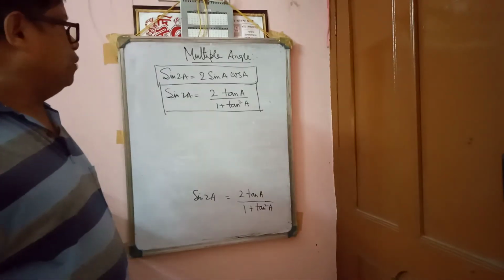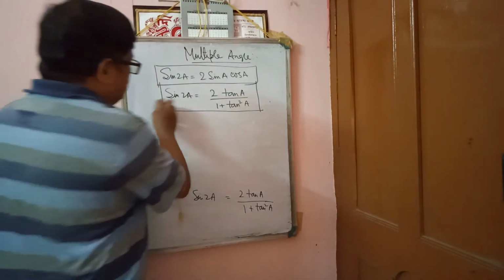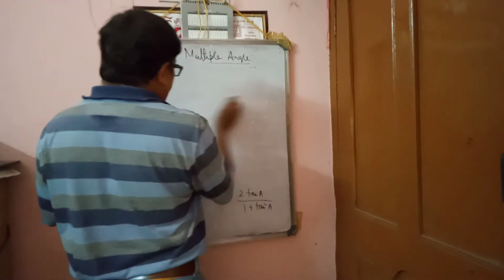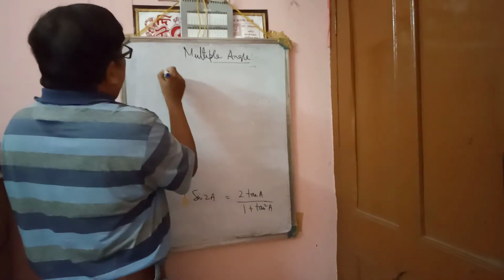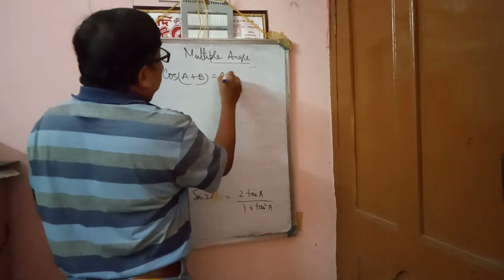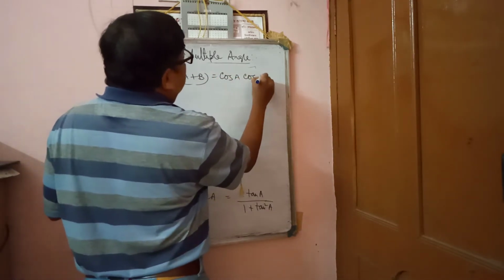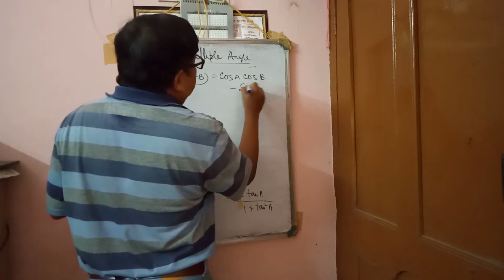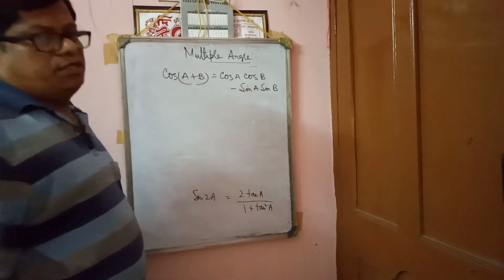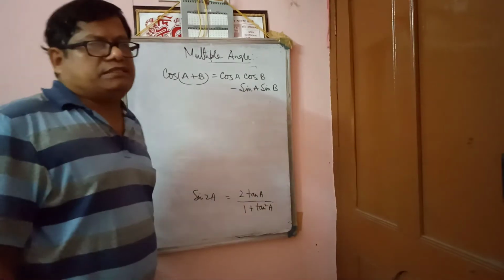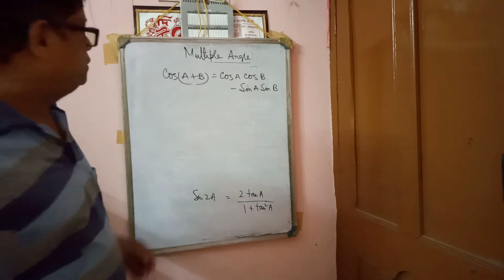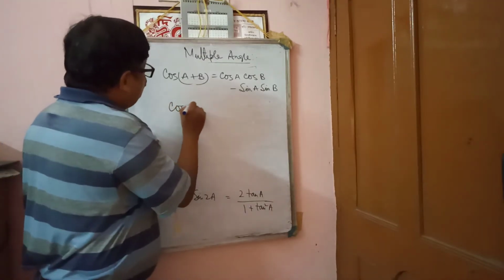Now cos, in a similar way. Look here, all of you know the formula for cos A plus B. We can write cos A plus B equals cos A cos B minus sin A sin B. In a similar way, put B equal to A, so cos 2A.